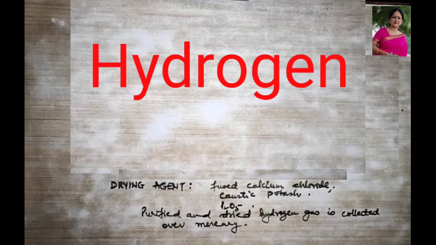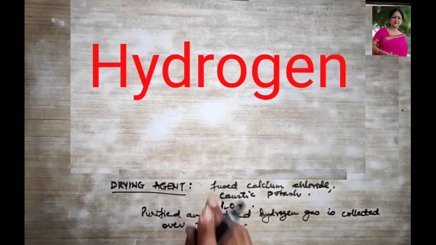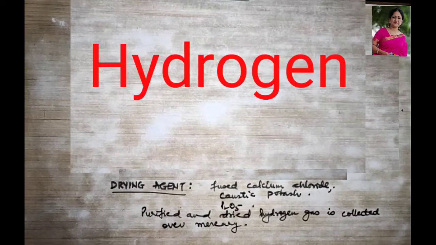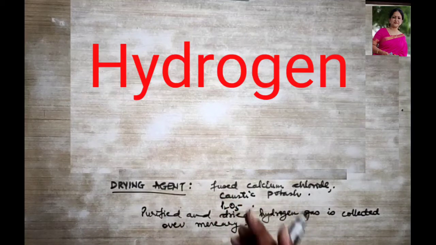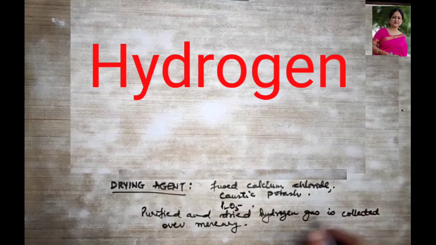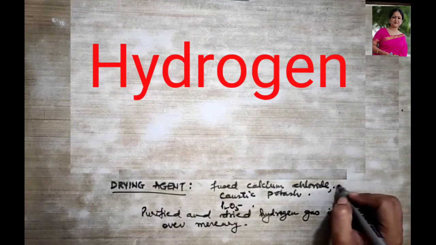Clear? Now, we cannot use concentrated sulfuric acid over here as a drying agent. Why can we not use it? Because it will combine with hydrogen and will defeat the purpose of collecting hydrogen gas. I'll show it to you over here.